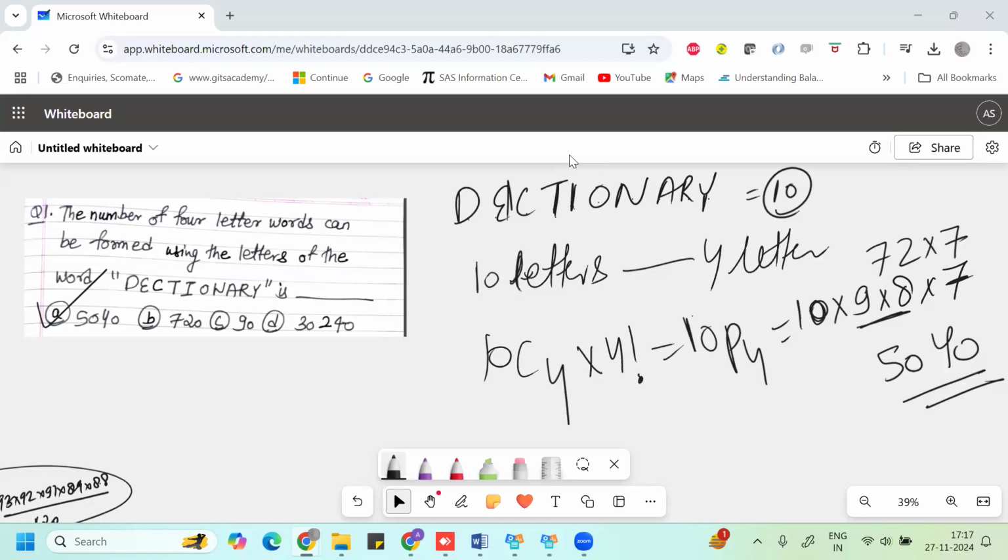If the question only needs you to select, that is a combination question. But if after selection the question expects you to arrange also, then that is permutation. If the question is all about selection, it is combination. Clear, everyone?